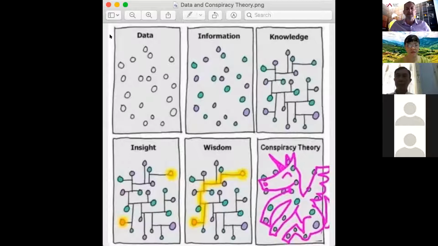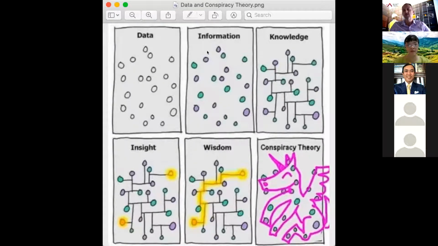If you look at this picture, I apologize that it's in English, but you'll see in the top left-hand corner we have data. It's random, it's unconnected, it's just simply data. But when we start to give it value, as in it has value and meaning, it becomes information.